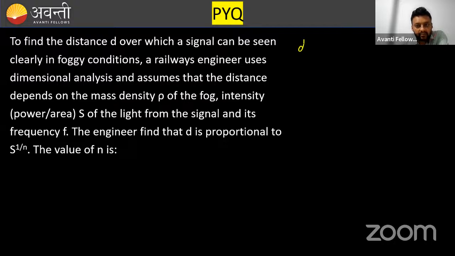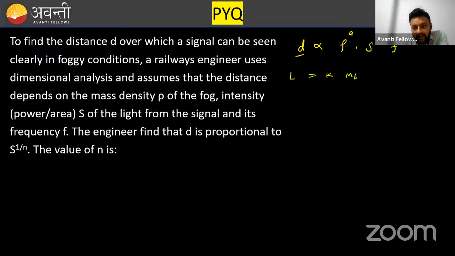Assume the distance d depends on the mass density, rho, intensity S, then frequency F. You can say A, B, and C, their powers. This is distance. Distance means dimension L. Here you can use some constant, so I am just writing some constant K.